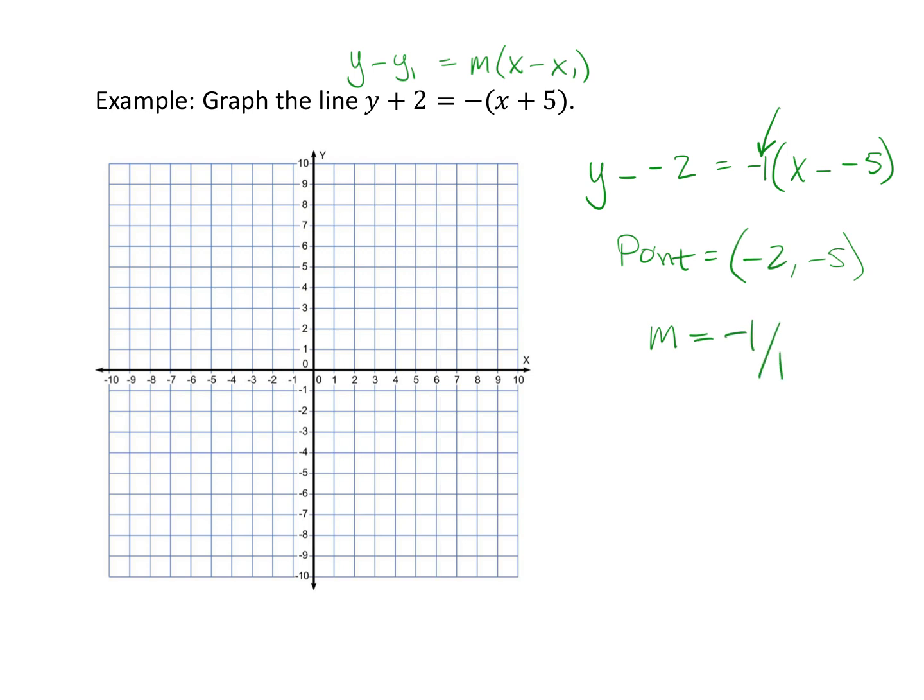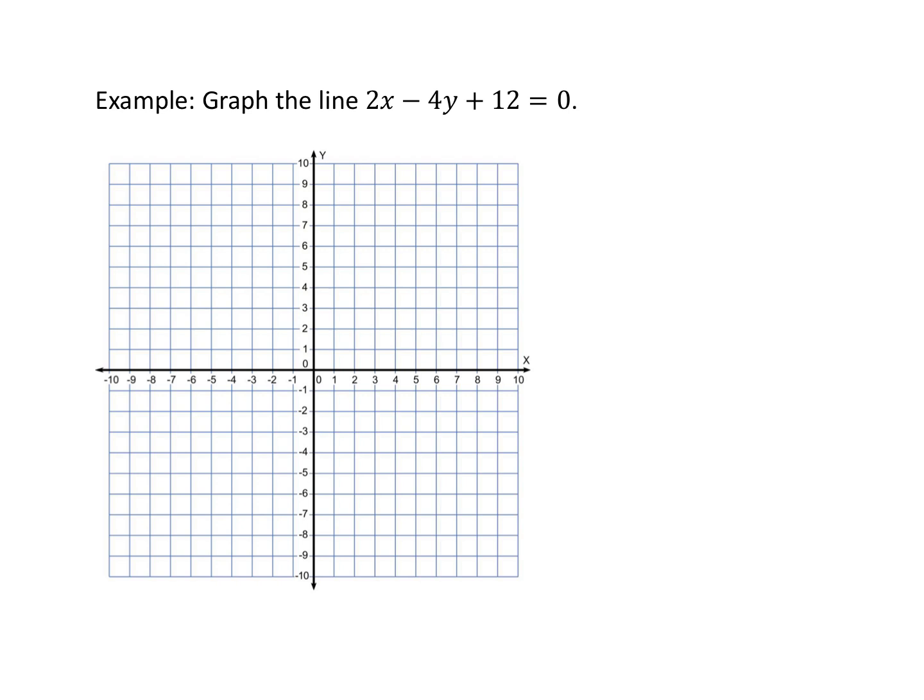So I'm going to plot the point negative 2, negative 5, and then I can get another point by going down 1, right 1. I can get a few points by using the slope. I only need 2 points to determine a line, but it's just a little easier to draw a straight line if you have a few more.